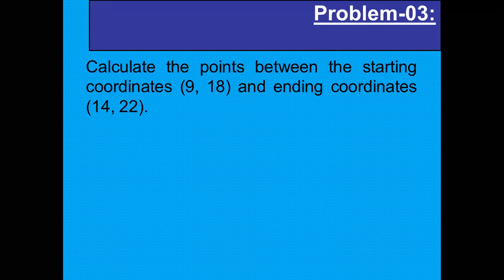And if we are using the symmetrical DDA methodology, then you are already aware of the inequality we have already studied: 2 to the power n minus 1 is less than or equal to the maximum value of mod delta x comma mod delta y, which is less than 2 to the power n.